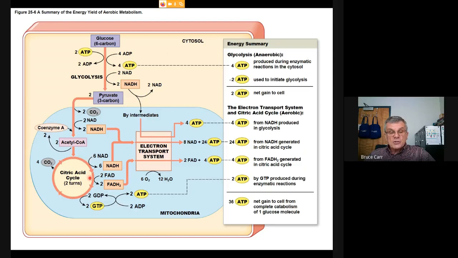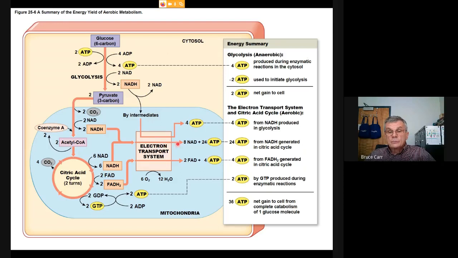The citric acid cycle kicks out 4 CO2s. It makes 2 ATP from the GTP step, 2 FADH2s, and 6 more NADHs. So over here, we're seeing the delivery of 2 and 6 is 8 NADHs and 2 FADH2s to enter into the electron transport system.